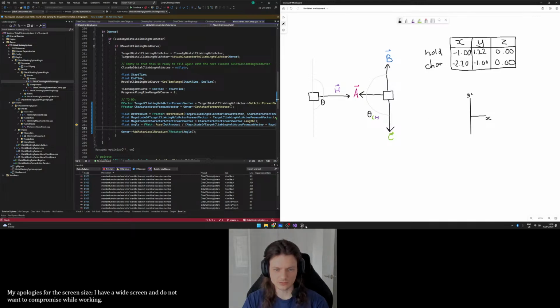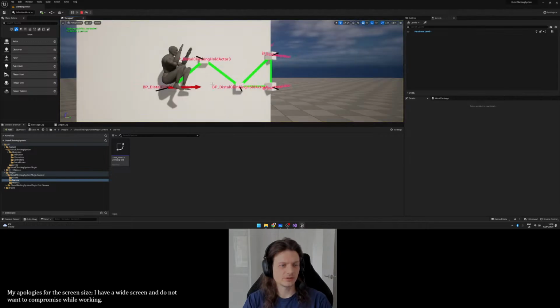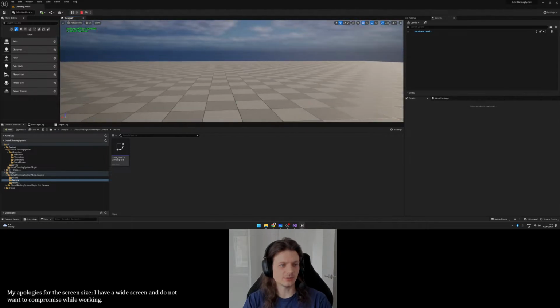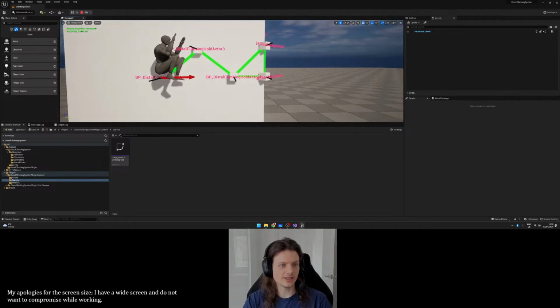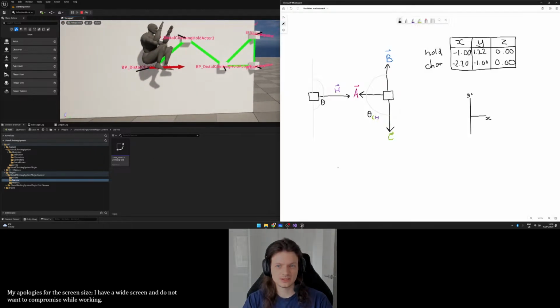And let me just also check that. If I come out of this, yeah, y is positive that way. Ah, now x is negative that way, so this is actually x positive. Okay.